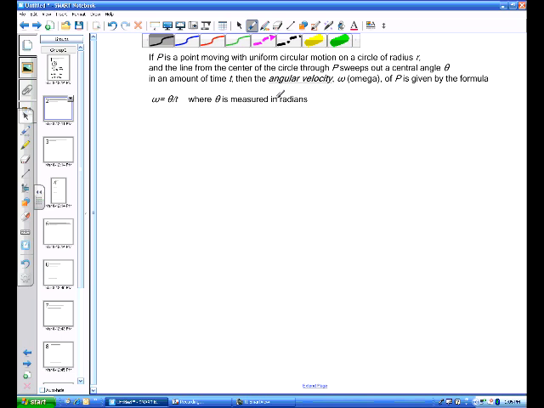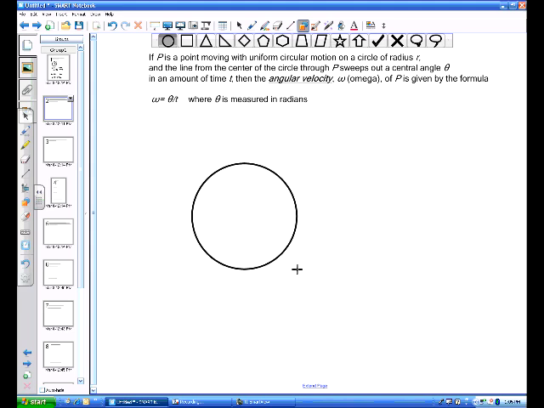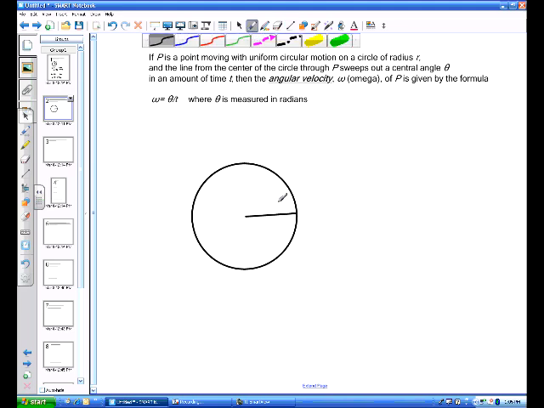So if P is a point moving with uniform circular motion on a circle of radius r, and the line from the center of the circle through P sweeps out a central angle theta in an amount of time T, then the angular velocity, and we're going to use the Greek letter omega to show angular velocity, is given by the formula omega equals theta divided by T. So again, you can think of it as this line moving.